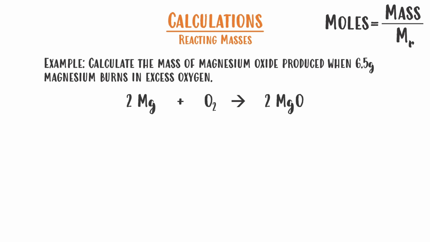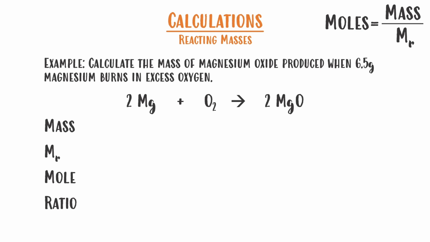We have 2 moles of magnesium reacting with oxygen to produce 2 moles of magnesium oxide. Now, the numbers in front of each of these formulae represent the molar ratio, and I'll explain what they mean in a bit. Before we start looking at the calculation, we are always going to write down the following: mass, MR, mole, and ratio. And then we just input the values we've been given in the question.